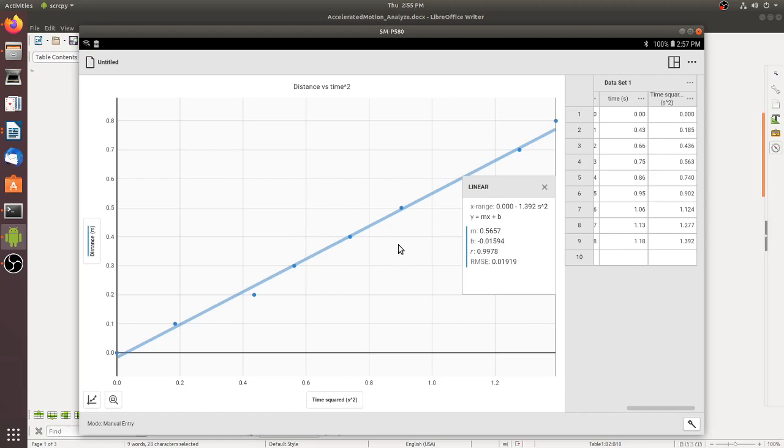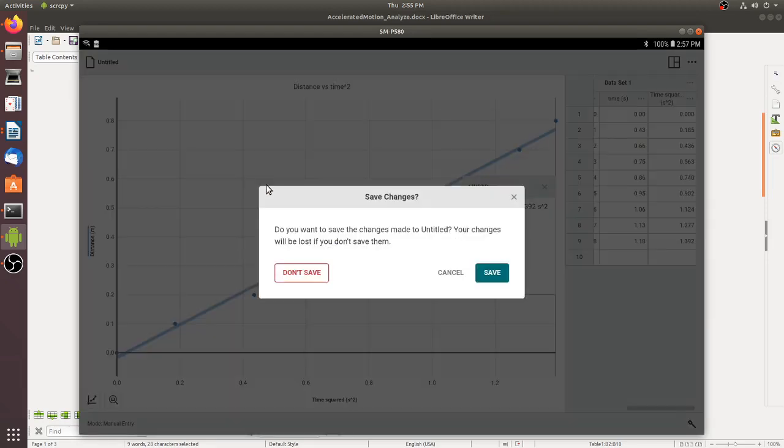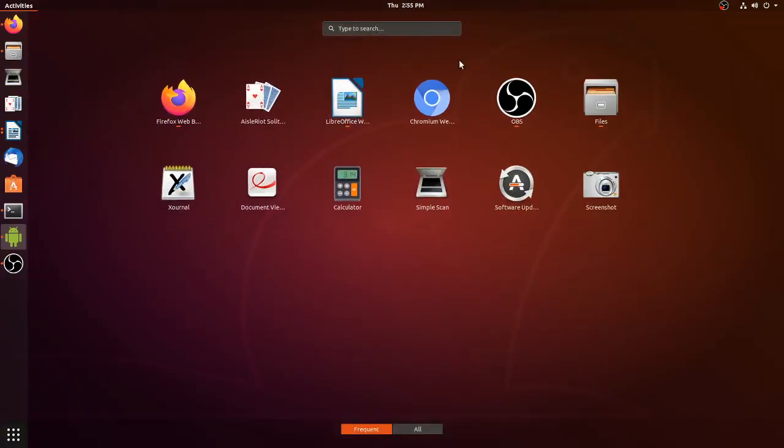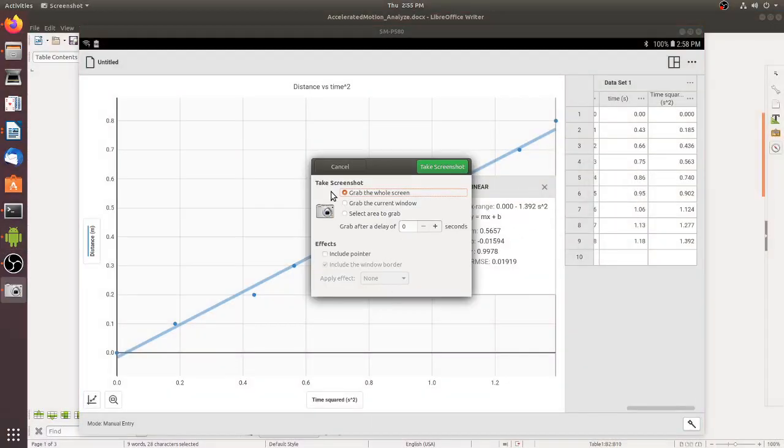Well, I could take a screenshot. I could maybe copy it. Uh-oh. Cancel that. That didn't work. Let me see. I'm just going to take a screenshot of it. Here's my screenshot.